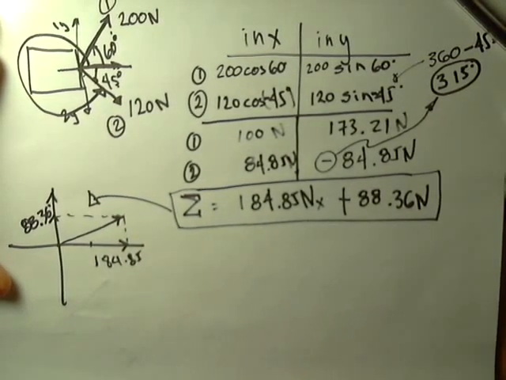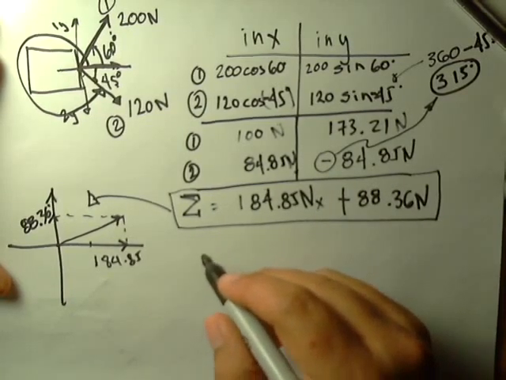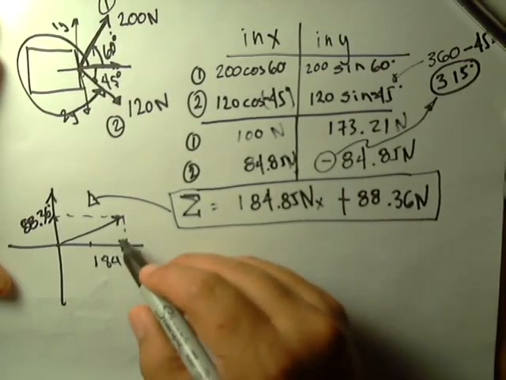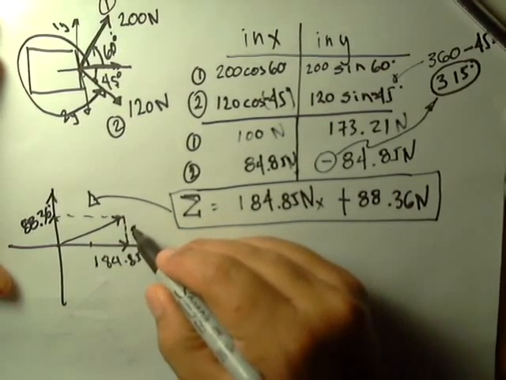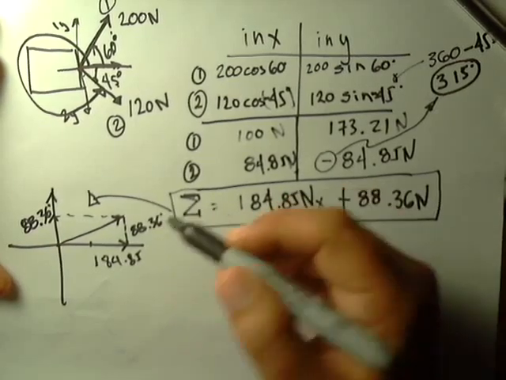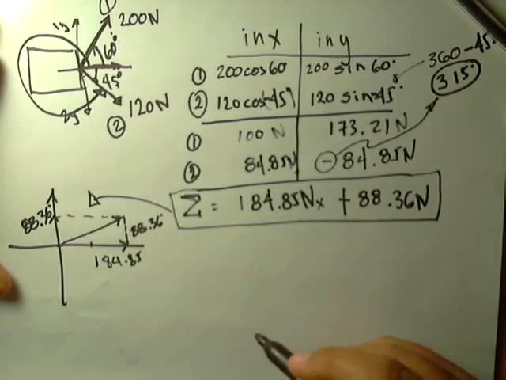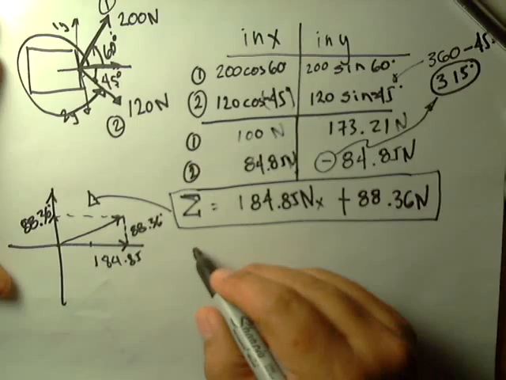Now what would be the resultant force? Very simple. We just do Pythagoras, because we have this side and this side. So we have both sides, right? And if we have both sides, we can do Pythagoras.